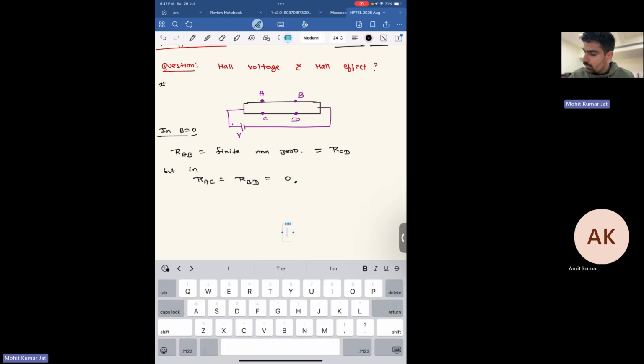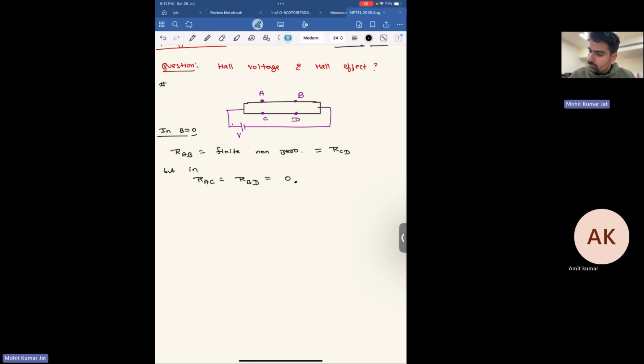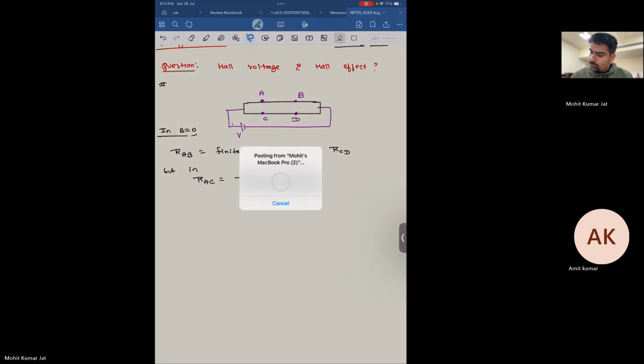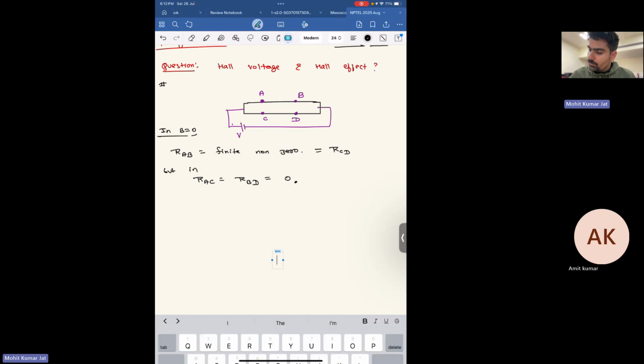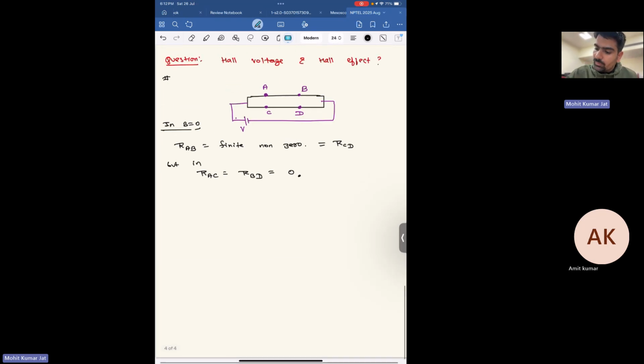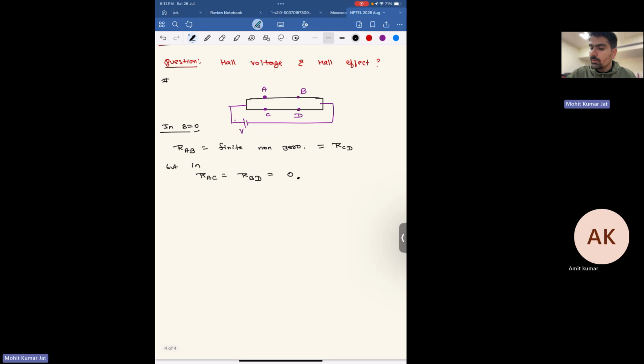Let me just copy it and paste it. It should paste it. Maybe there is some error. I will just draw it manually. I had a drawing of this circuit, so I'll just draw it manually.